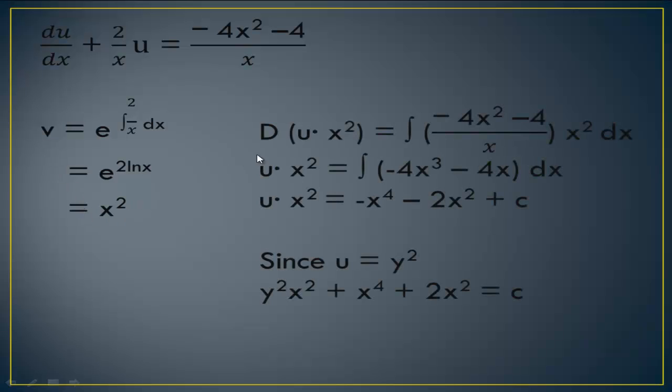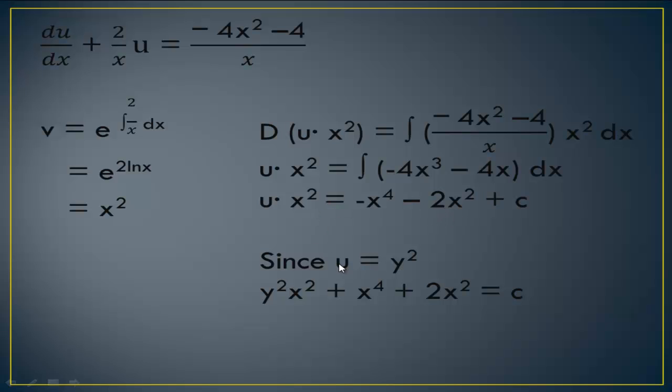Therefore, d of u times x squared is equal to the integral of negative 4x squared minus 4 over x times x squared dx. Then by integration, we will obtain u times x squared is equal to negative x to the 4 minus 2x squared plus c.